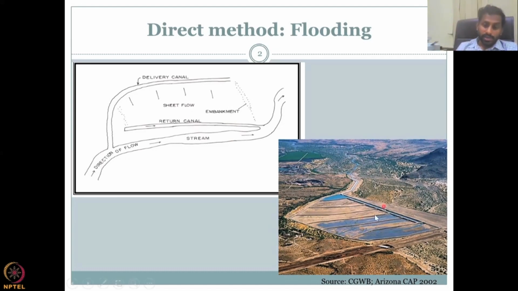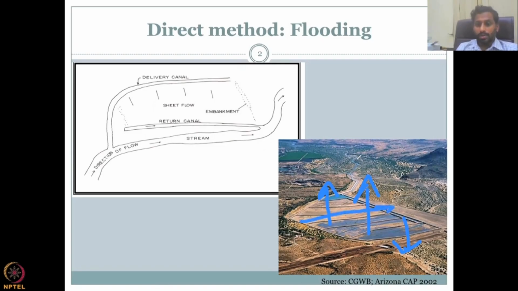If you stop the back connection to the channel, as I said, then there is water loss from here, is evaporation. All you want is more groundwater recharge. However, evaporation is also happening.